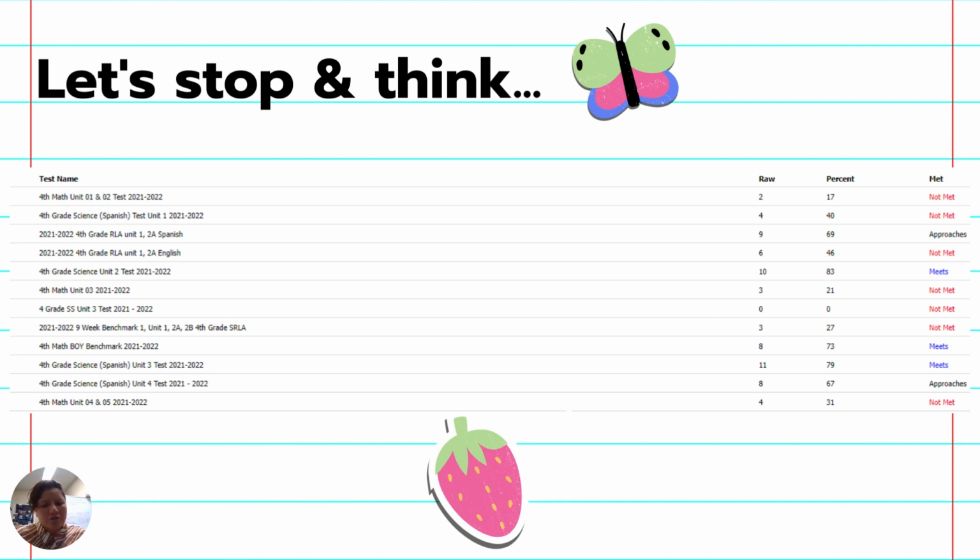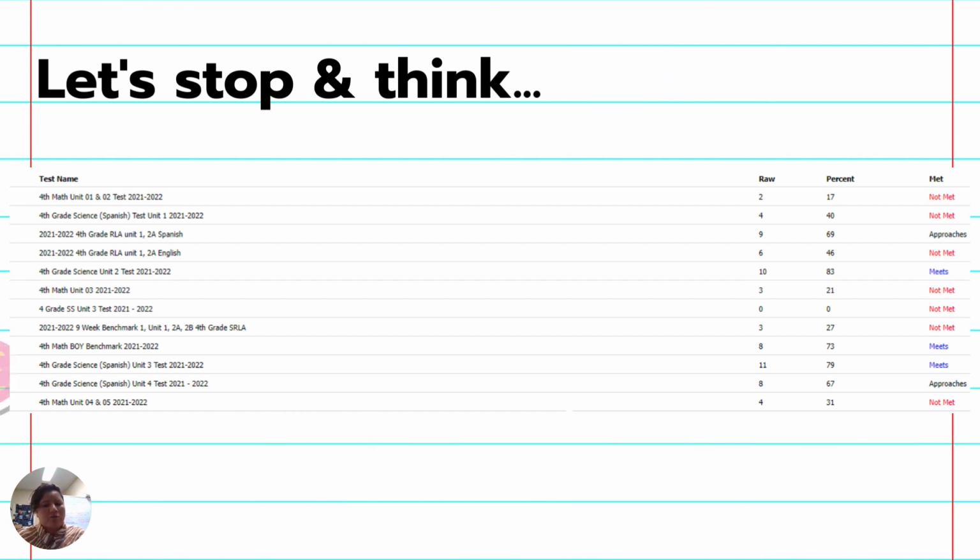But when there is a large disparity, like in this example here, it is very well justified that it would be in the best interest of the child to recommend the student take the test in Spanish for reading. And you can do the same thing with math, you can do the same thing with science, and so on and so forth. But this is basically how you will make those decisions.